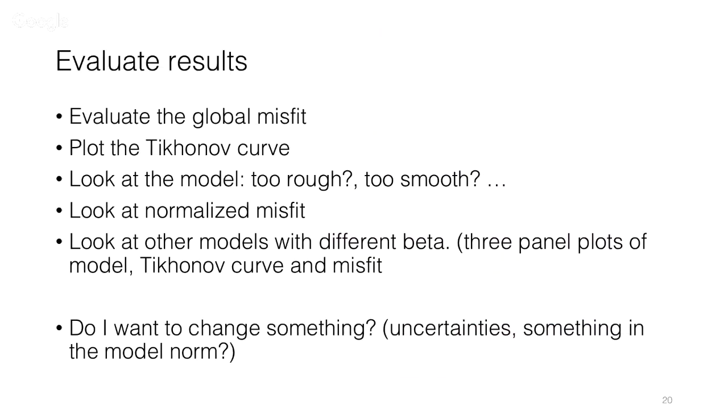So now we want to evaluate results. The question is, what should I use? Well, the global misfit is certainly one thing. The T-top curve, you generally want to plot it. And then we look at the model. This is always the case when you're working with realistic data, because you don't know where to stop.